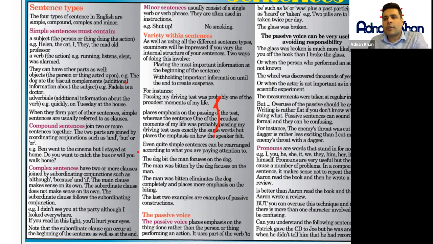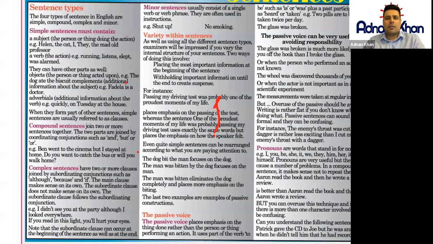So let's go to Eliora for this first of all. Hi Eliora, could you just read down to where it says "at the end of compound sentences", all the way down there, please.